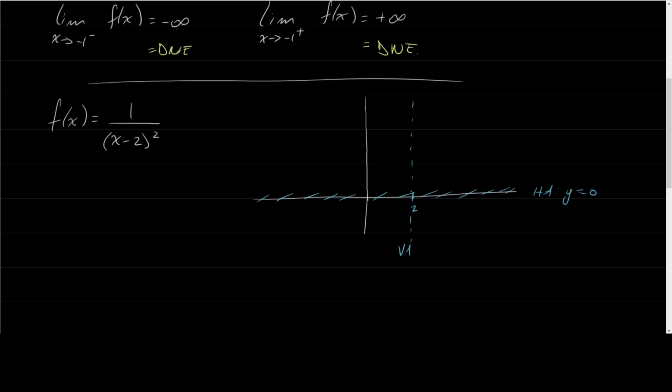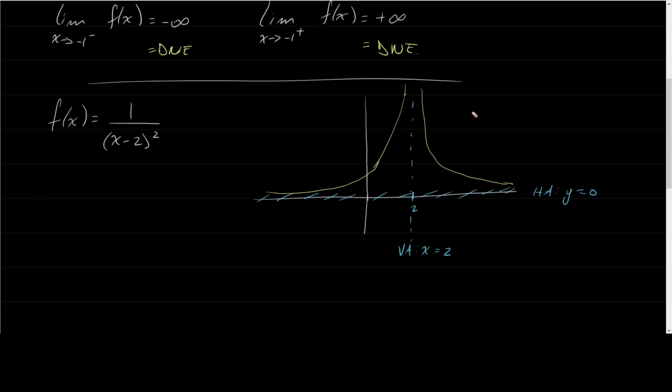So this is our vertical asymptote of x equals 2. Let me draw the function. So this is what it looks like.